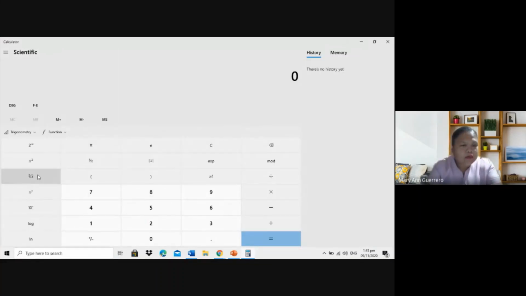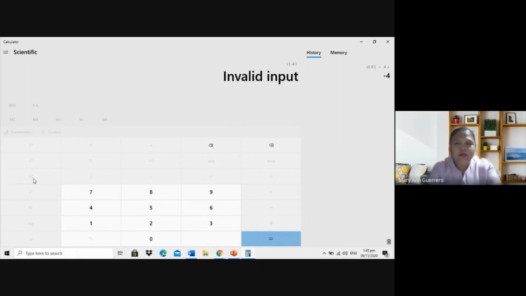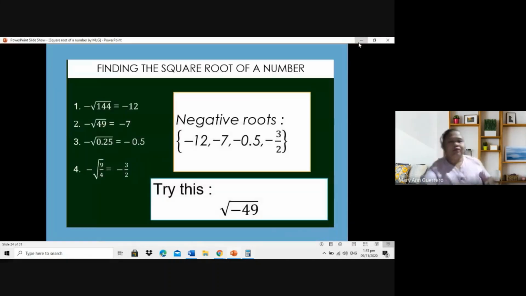Square root of negative, let's say 4. Square root of negative 4. Square root of invalid input. Ayan. Sabihin, not real ang sagot. Okay?